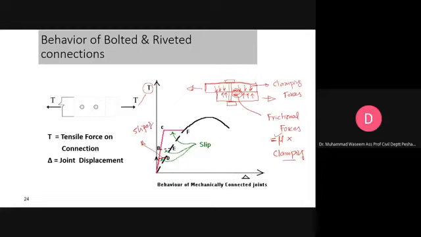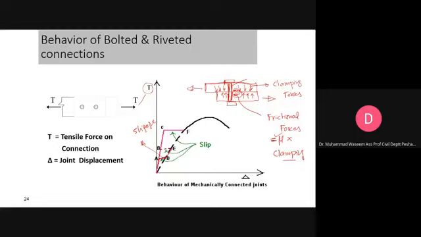Then the fastener comes into contact with the bolt surface, so it gets engaged at this surface with these plates. First there is a slippage, the force is resisted by the frictional forces, and then the load is resisted by this bearing action.